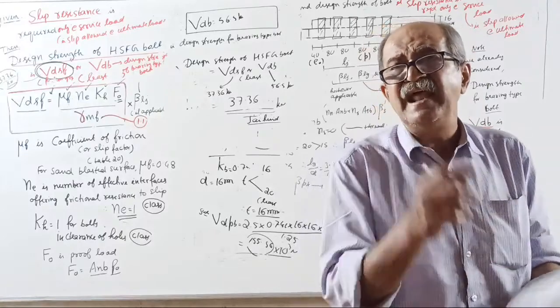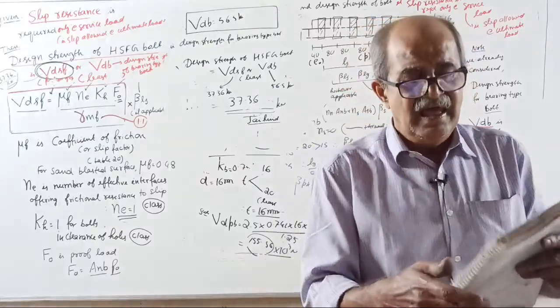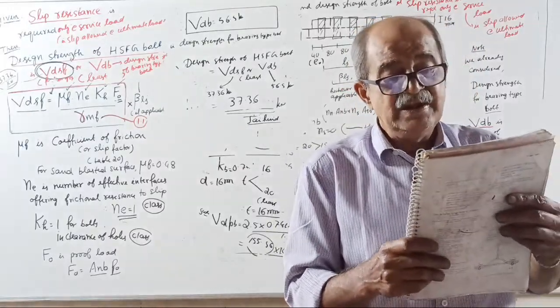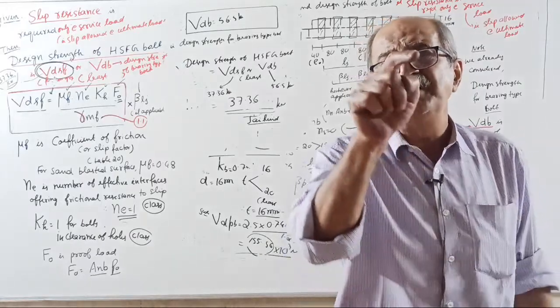They told one thing there. You should not take mu F more than how much? See there, the IS code made a mistake. They told mu F in the bracket as 0.55. It is a mistake.